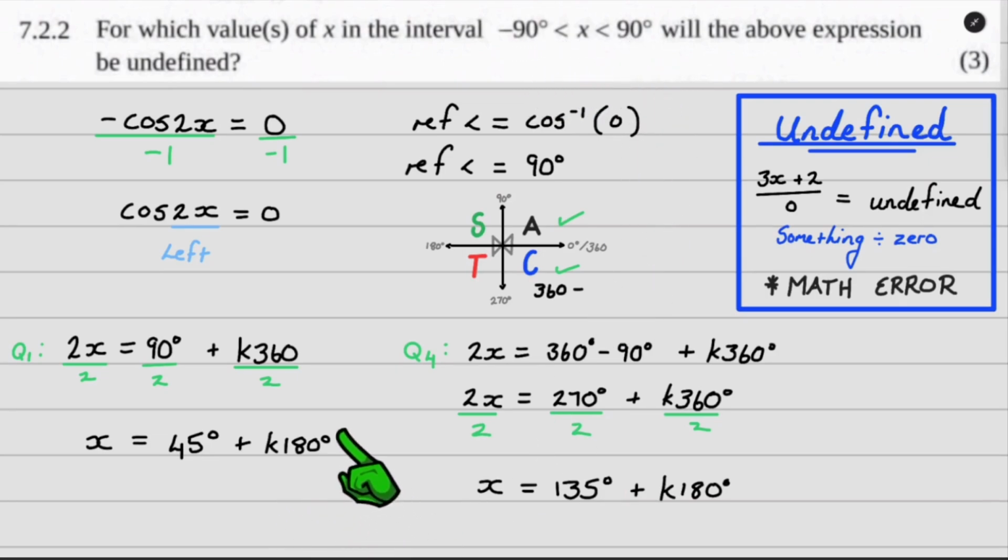So what I'm going to do is basically test out different values of k. I always start with 0 for k. So if k was 0 here, 0 times 180 would just be 0, and I'd get a solution of 45, which does lie in this interval. So that is one of my solutions, x equals 45 degrees.